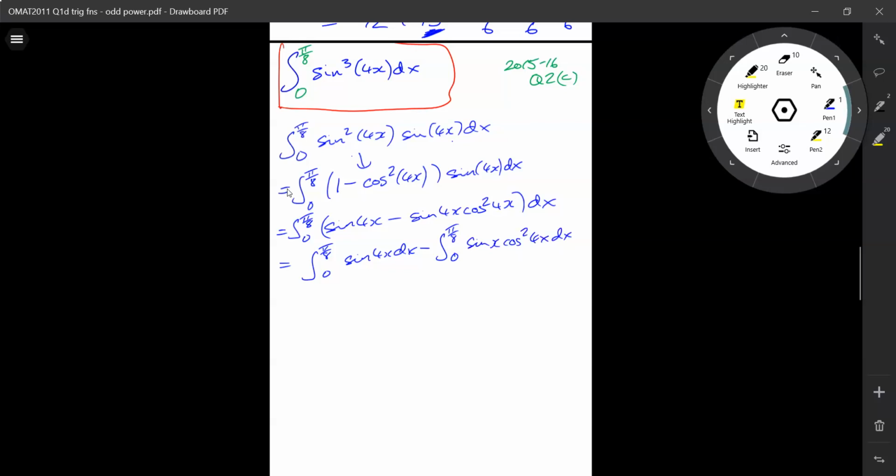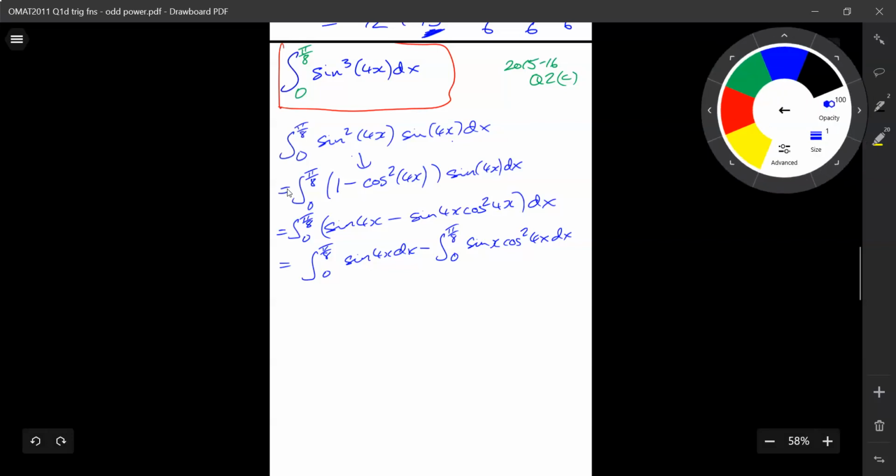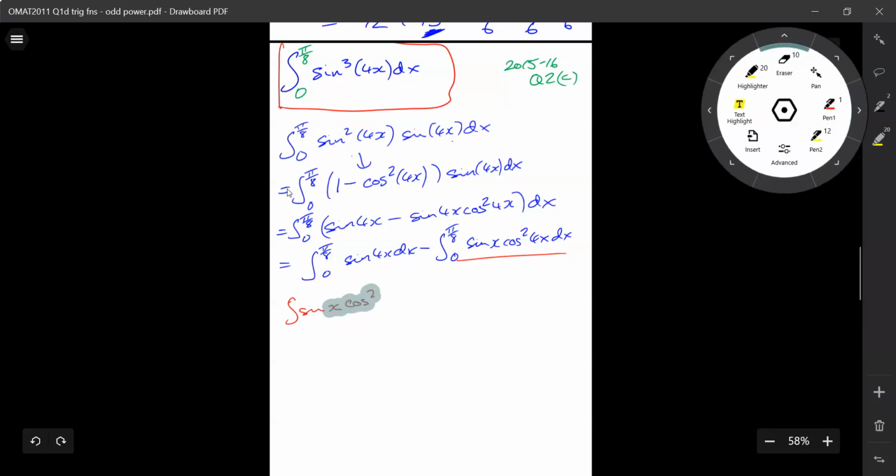And that gives us, obviously, we identify this one, we say sine 4x cosine squared 4x dx. I'm sorry, I made a mistake there up above. If you give me a second, I'll correct that mistake.